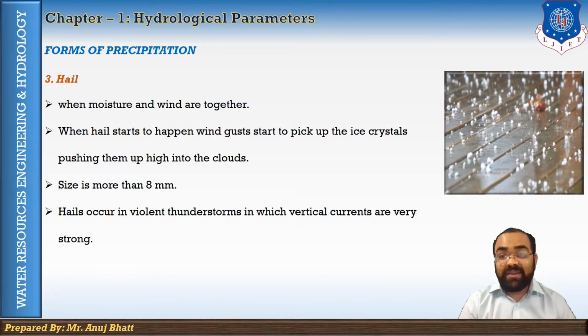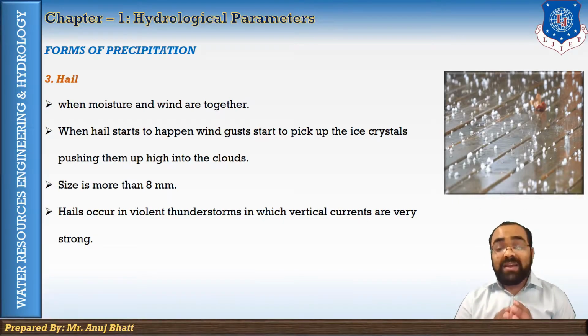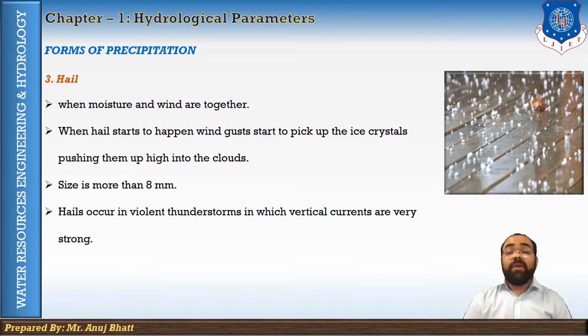Hail is created when moisture and wind are together. Inside the clouds, ice crystals form and begin to fall towards the surface of the earth. When this falling starts, wind gusts pick up the ice crystals, pushing them up high into the clouds.